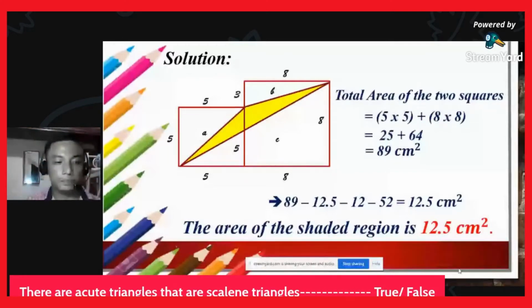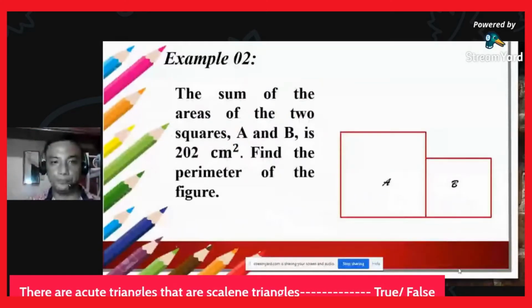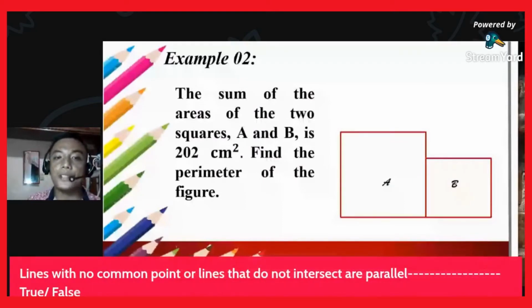Our next example, example number 2. What is the sum of the areas of two squares? The sum of the areas of squares A and B is 202 square centimeters.